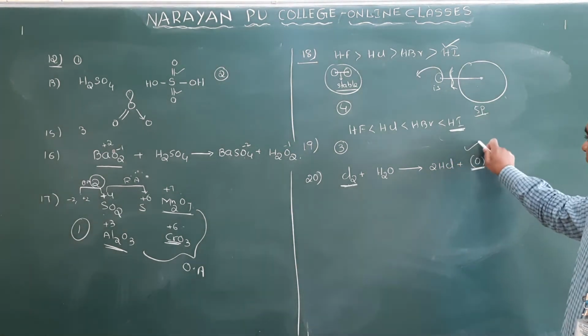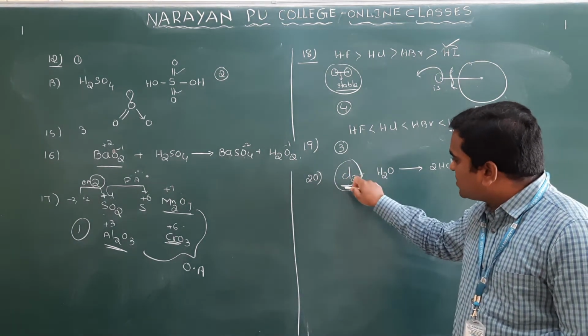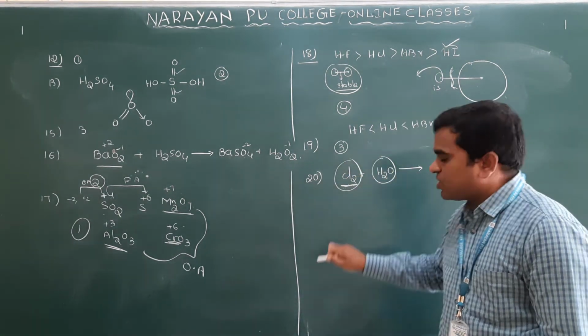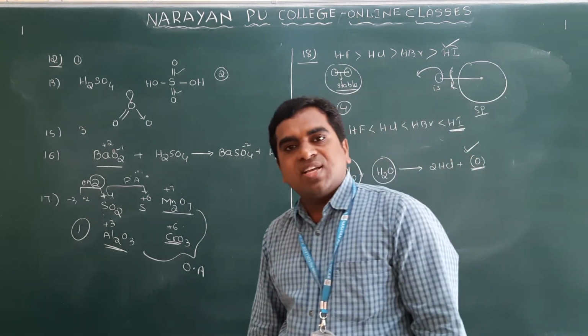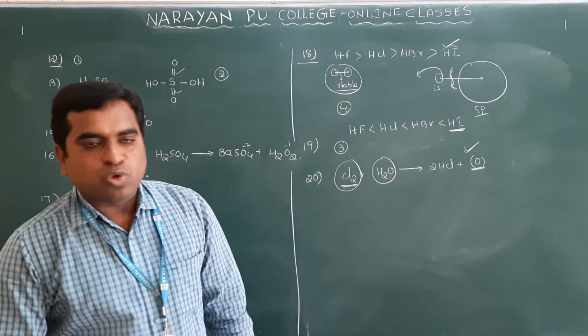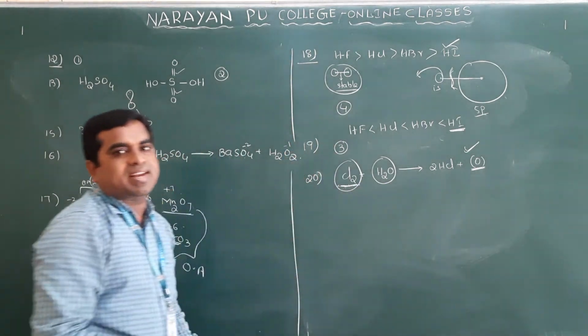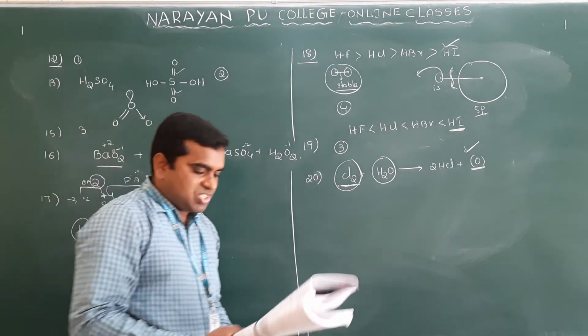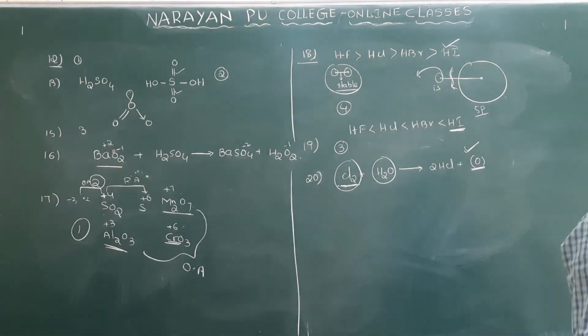Dry chlorine cannot act as an oxidizing as well as bleaching agent. Only moist chlorine and chlorine in aqueous solution act as an oxidizing and bleaching agent. So option 2 is the correct one.